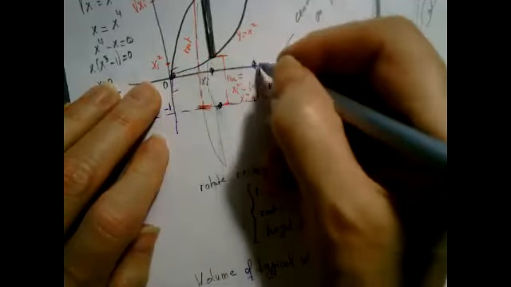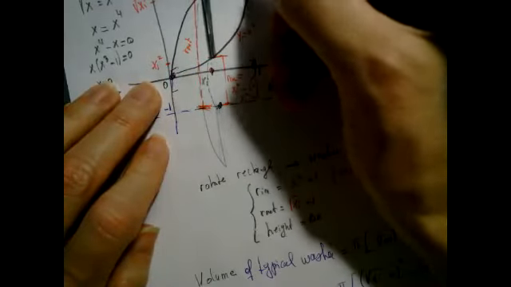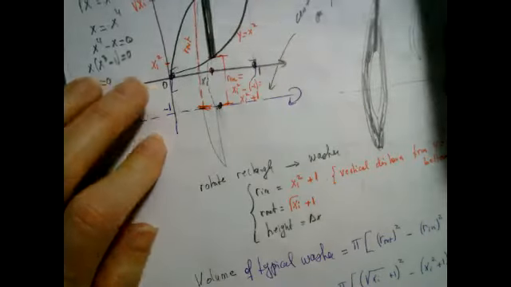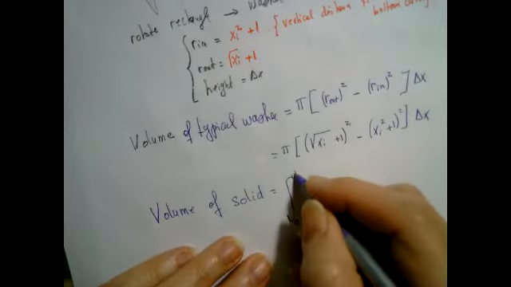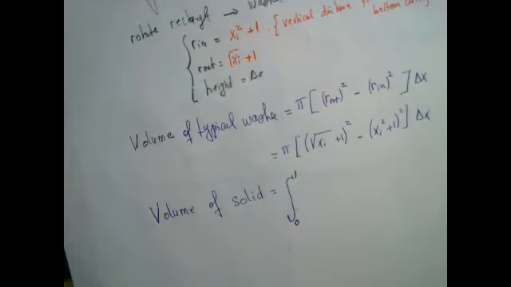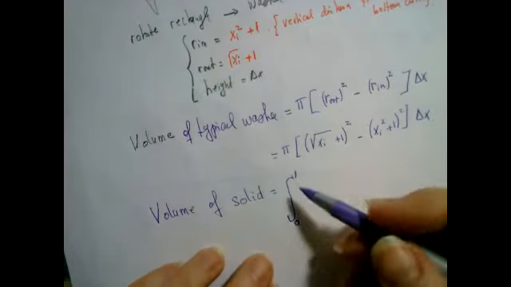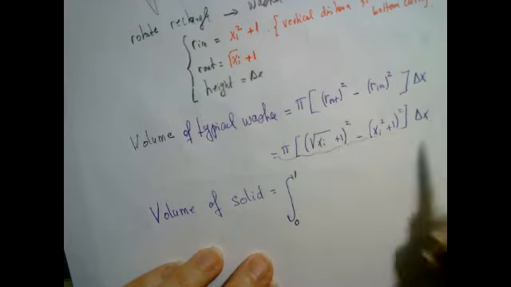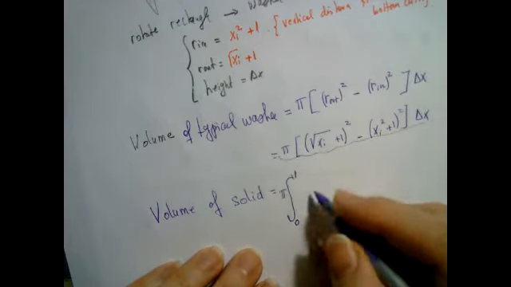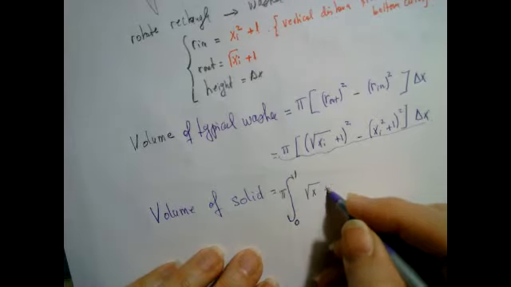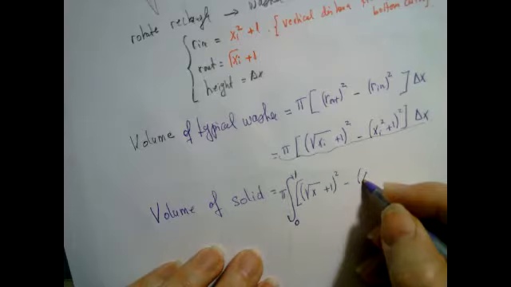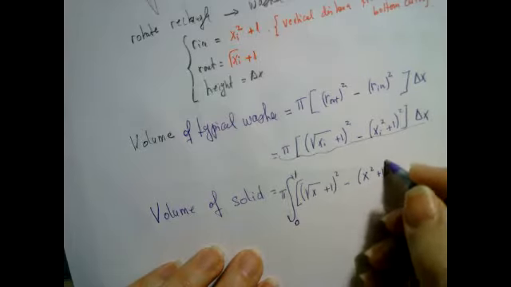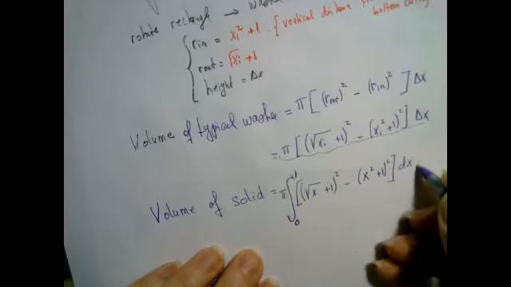It's from 0 all the way to 1, because to get my whole volume, I need to cut this whole region into pieces and rotate each piece. So this will give me the integral from 0 to 1. This is the idea of adding those volumes. Pi is a constant, I get it out. Square root of x plus 1 squared minus x squared plus 1 squared dx.